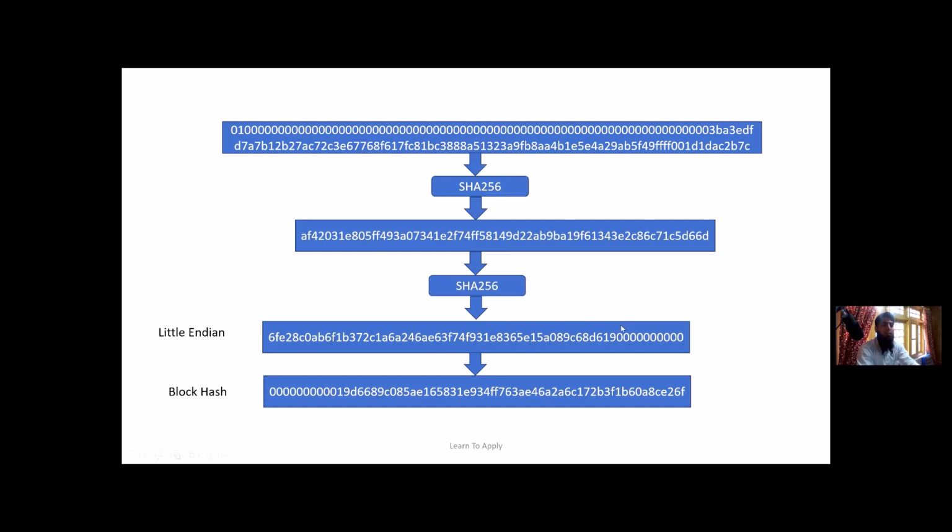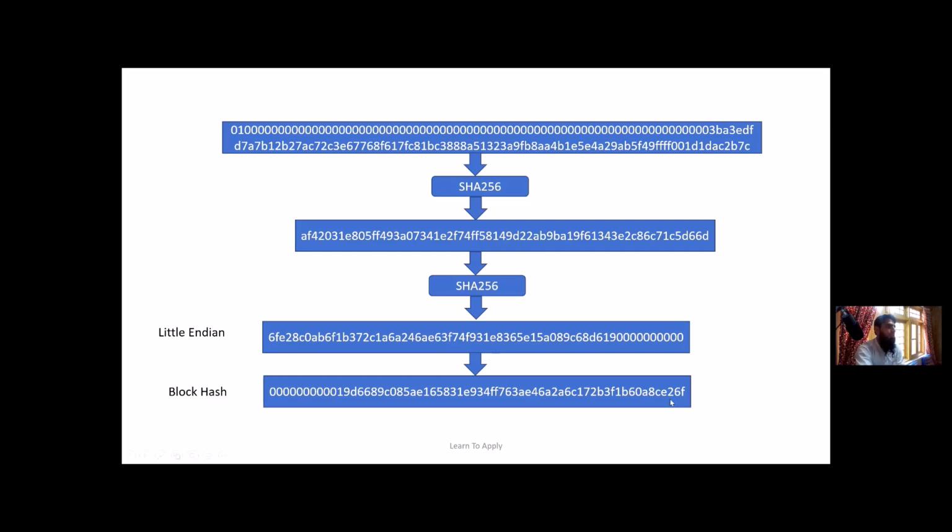This is in little endian representation, and the big endian will be the reverse of that, right? Its least significant bytes will be represented in the most significant bytes. So we know that least significant bytes are represented at lower address spaces. That is, 6F will be represented at the start, but this should have been at the last in terms of big endian.